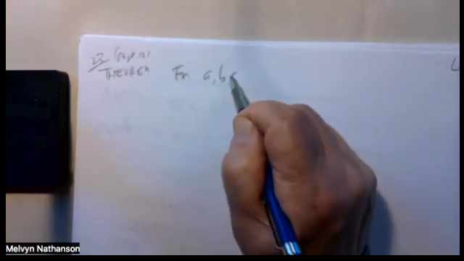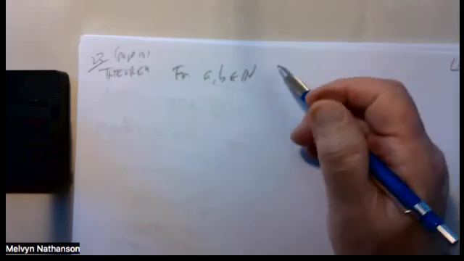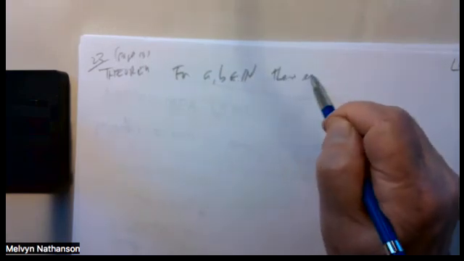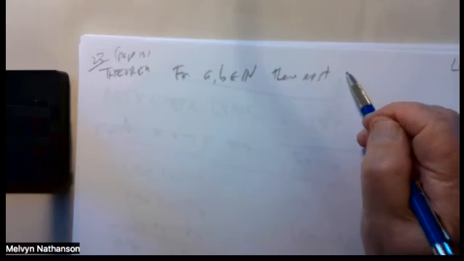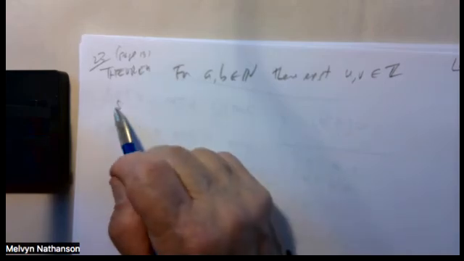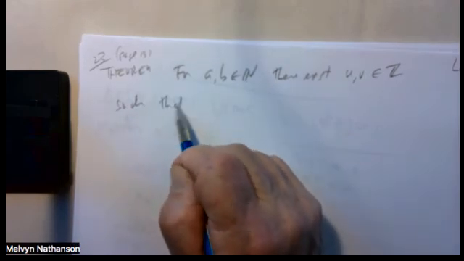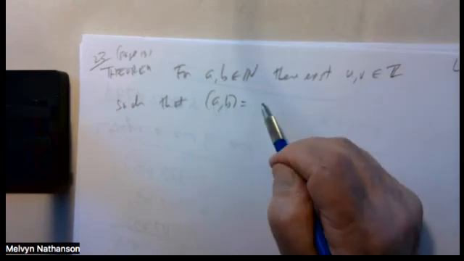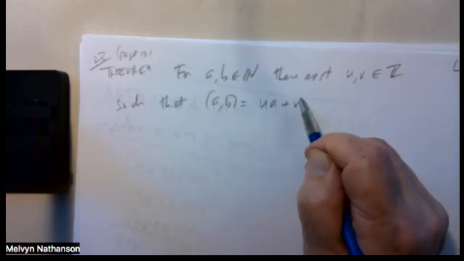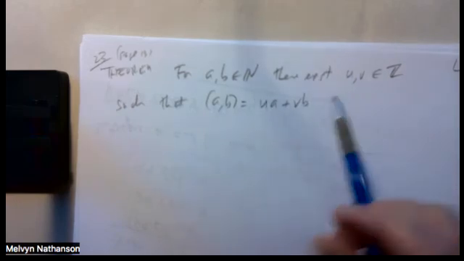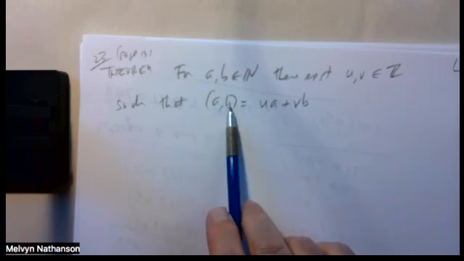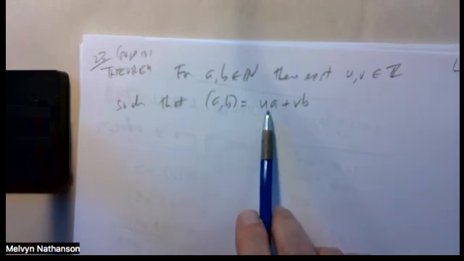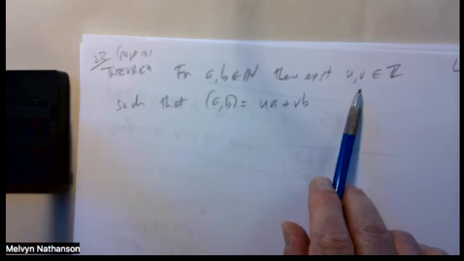For any positive integers a, b, there exist integers u and v, necessarily positive, almost certainly not, such that the greatest common divisor of a and b is an integer linear combination of a and b. So you can always write the greatest common divisor of two numbers as an integral combination of the numbers with integer coefficients.